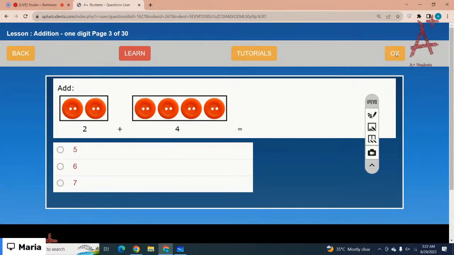The next one is you have to add. So, in first group you have 2 buttons and in the second group you have 4. So, you have to add them. 2 plus 4 makes, yes, when you count them together it makes 6. The correct option is 6.